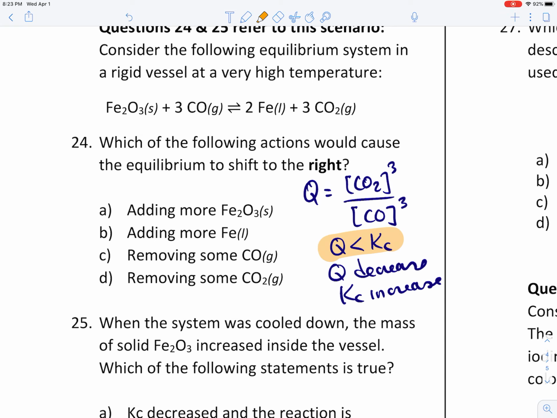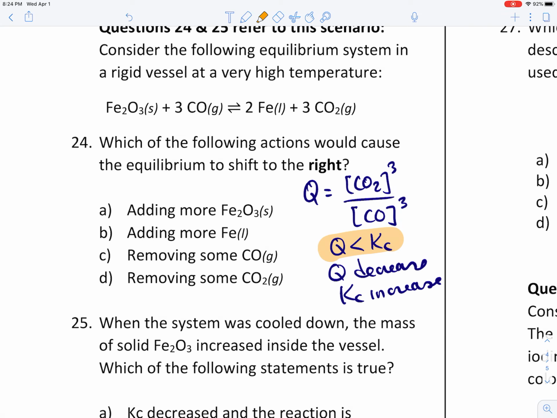So let's see, the first choice says add more iron oxide. Well, looking at the expression for Q, iron oxide is not there, so that would actually have no effect on the equilibrium. Choice B says add more iron. By the same logic, iron is not in the expression for Q. Solids and liquids don't affect the equilibrium, so adding iron has no effect.